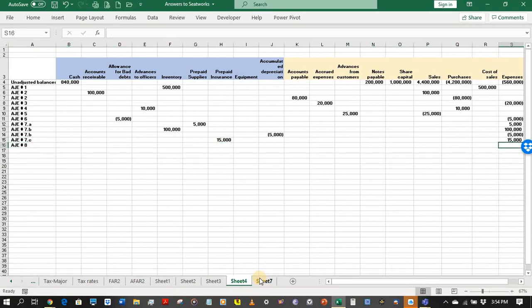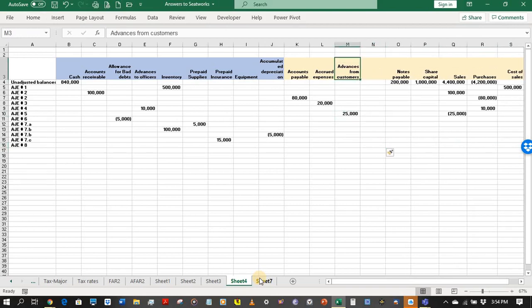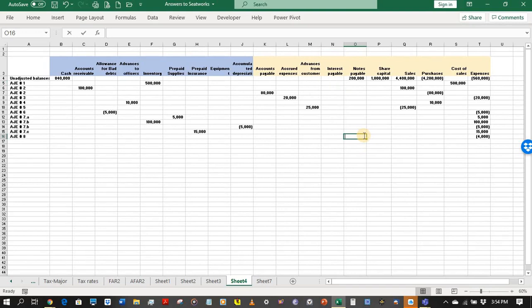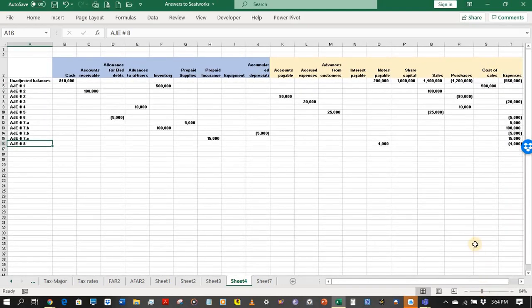Debit expense tayo ng 4,000. Tapos, credit interest payable. Since wala tayong interest payable, mag-insert tayo ng additional column, interest payable for 4,000. So, that is the completed adjusting journal entry. Then last, gagawin kong perpetual.